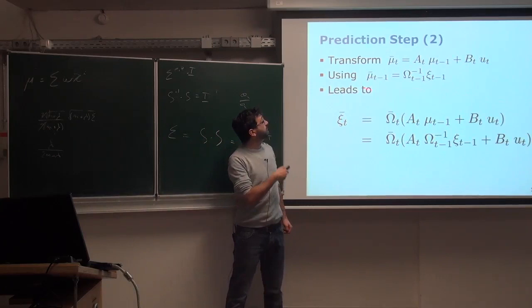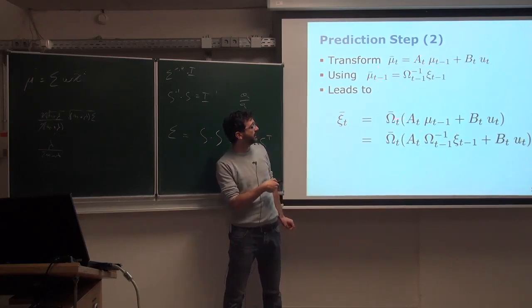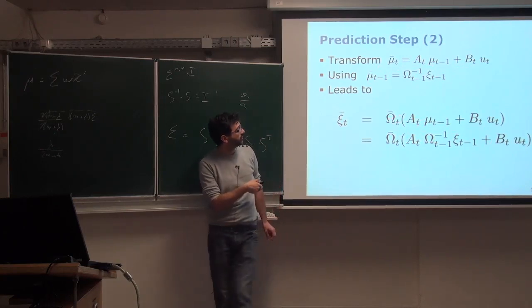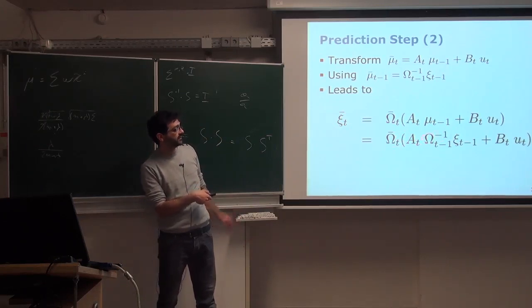The mean, in this case the information vector, is updated in a very similar way. We have the expression of the predicted mean, and we can just plug it in, and we obtain that our information vector is Omega times A inverse times the converted mean plus B plus u_t.